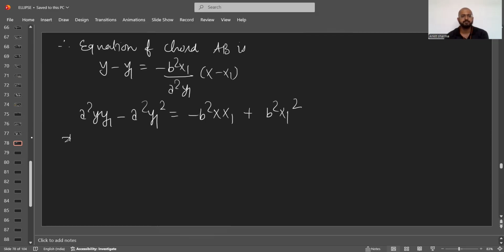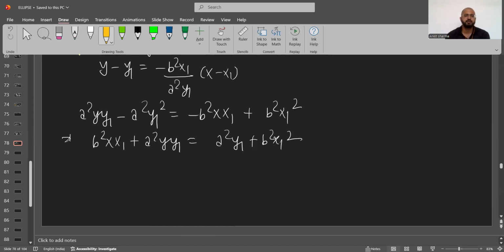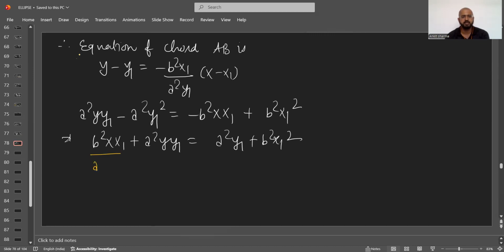Now we'll transfer here: b square x x1 plus a square y y1 is equal to a square y1 square plus b square x1 square. This part looks familiar. So I'll divide this entire thing by a square b square.